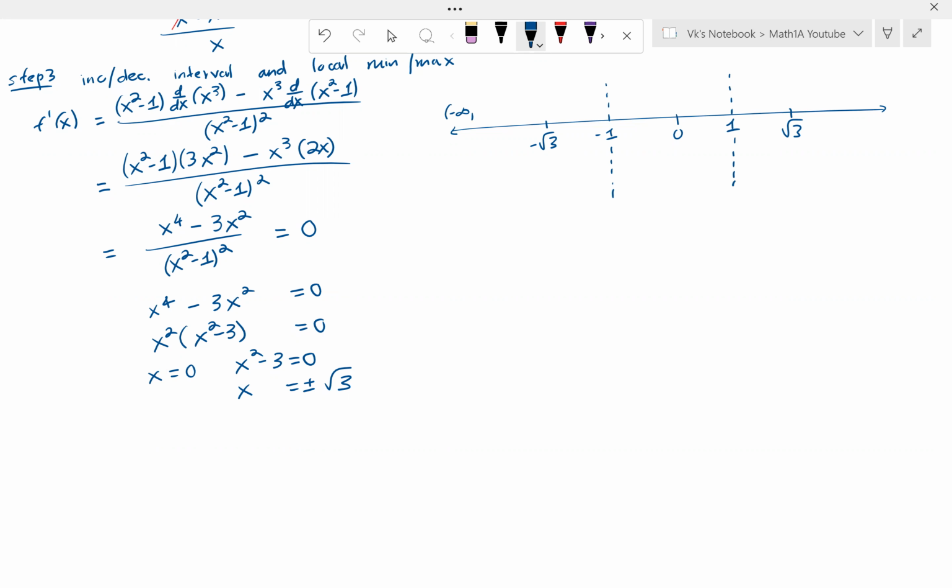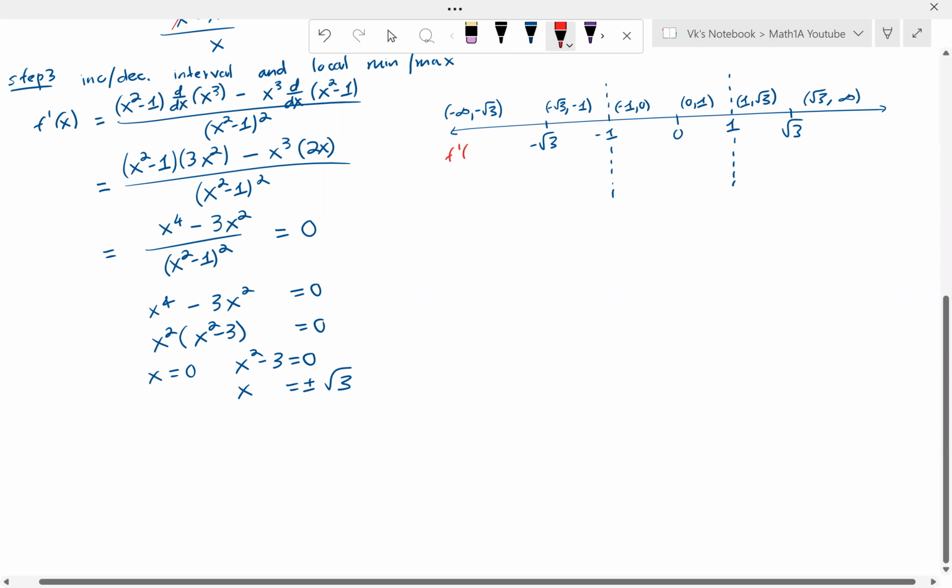Negative infinity to negative root 3, negative root 3 to negative 1, negative 1 to 0, 0 to 1, 1 to root 3, and root 3 to infinity. Pick a number and test that.